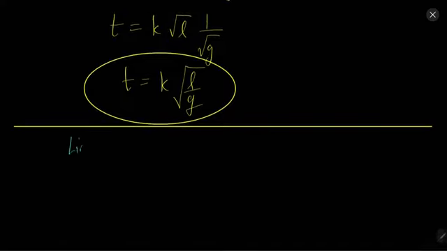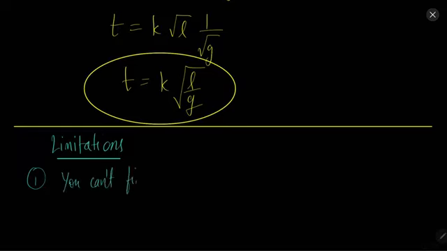So, limitations of dimensional analysis. It is not all good. There are quite a few limitations. Obviously the first is, as you can see above, that you cannot find the value of constants in the equation.